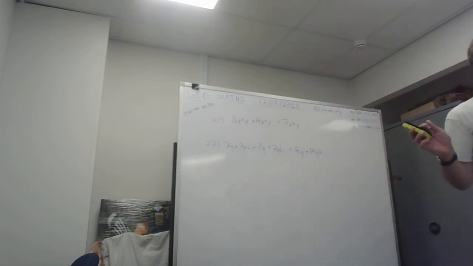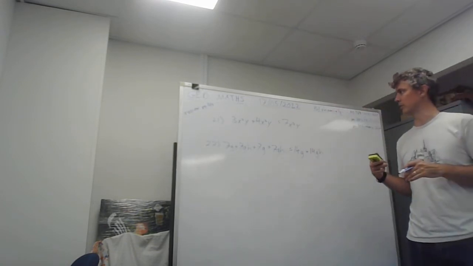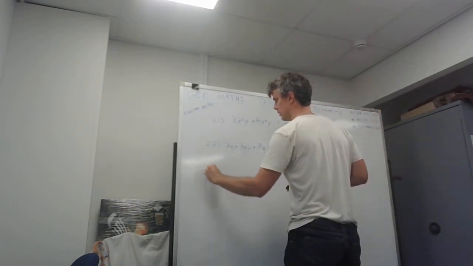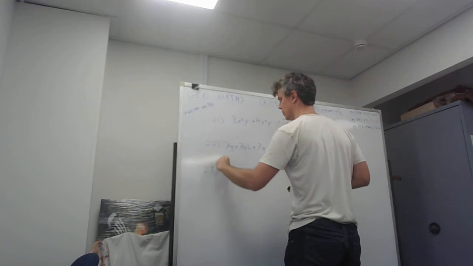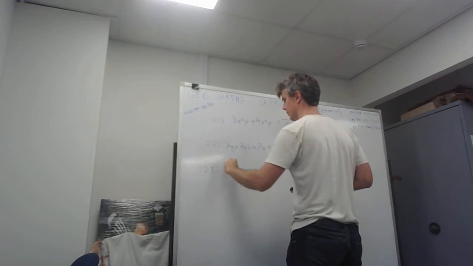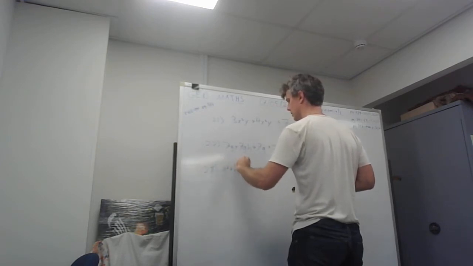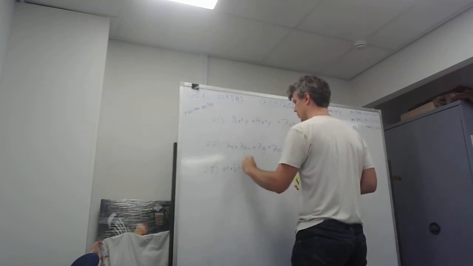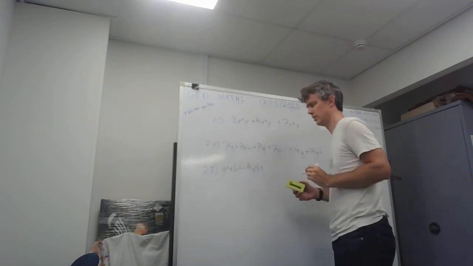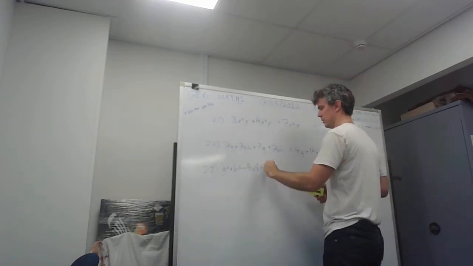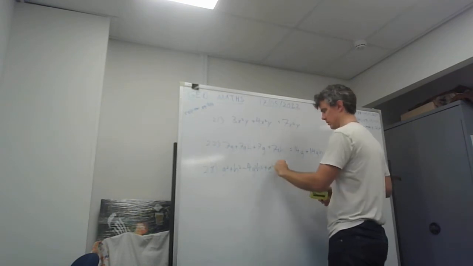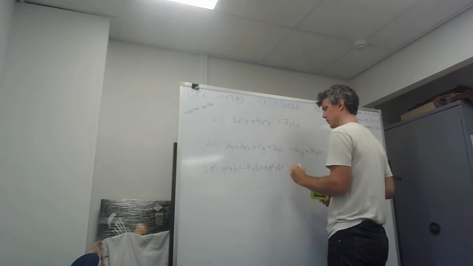This is a basic method. They're going to get a little bit harder as we go through. Alright, so we'll do number 28. g squared plus h squared minus 4g squared h squared minus 4, plus g squared plus h squared minus 4.